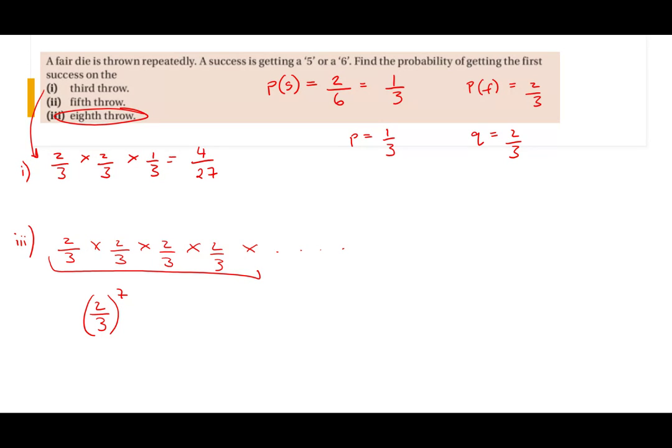So I have to have 7 failures, and then the last one has to be my success. So in this case, I would take 2/3 to the power of 7 times 1/3, and I'd end up getting the probability is 128 over 6,561. Okay.